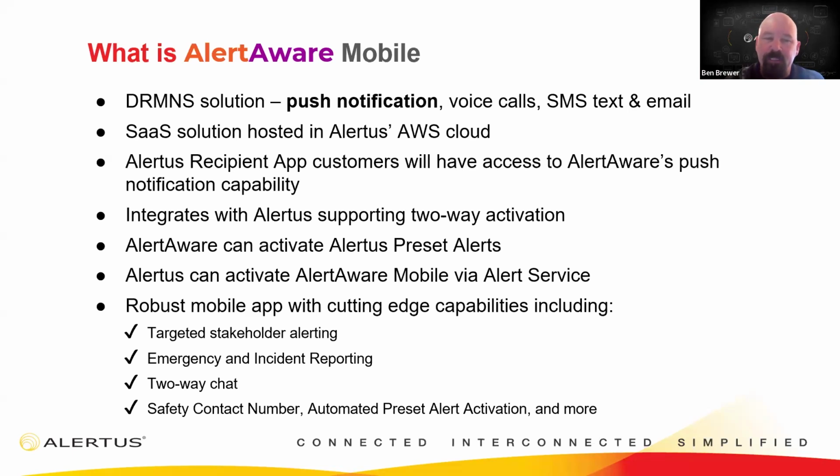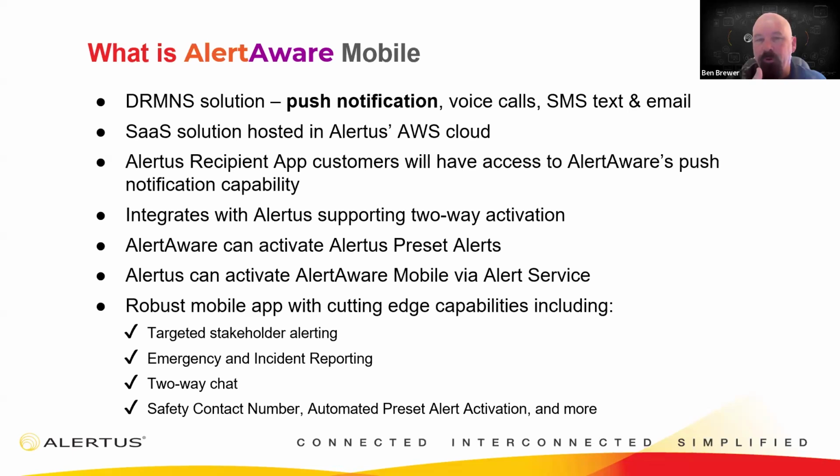The other really cool thing that gets added with this app, in Ben's opinion, is two-way chat, which is something that is not supported currently by the Alertus Recipient app. So in those instances, as I mentioned, and even in instances where you do want the incident report to kick off a preset alert automatically, anytime an incident report is initiated within AlertAware, you have the opportunity to engage with a direct two-way chat between yourselves, plural.